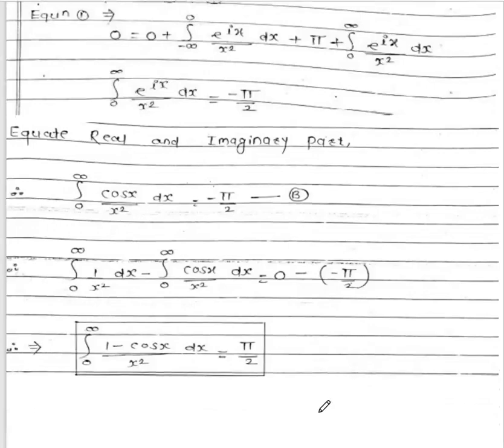Then equation number 1 becomes: the left hand side, that is 0, equals the first integral, which becomes 0, plus the second integral from minus infinity to 0 of e to the power ix upon x square dx, plus the third integral, which is minus i pi, plus the fourth integral from 0 to infinity of e to the power ix upon x square dx. Okay, so this can be written as the integral from 0 to infinity of e to the power ix upon x square dx, that is minus pi by 2.